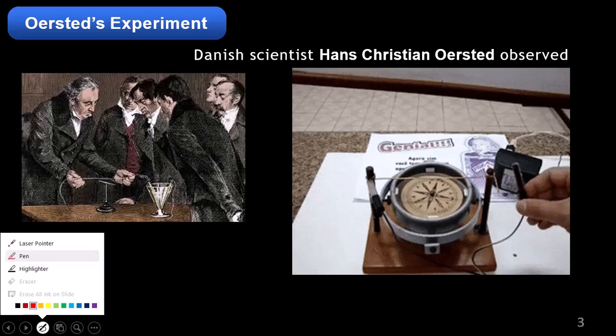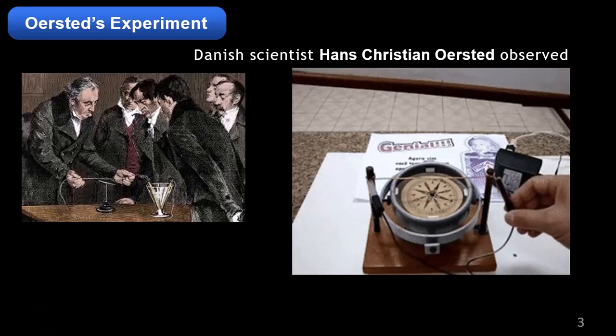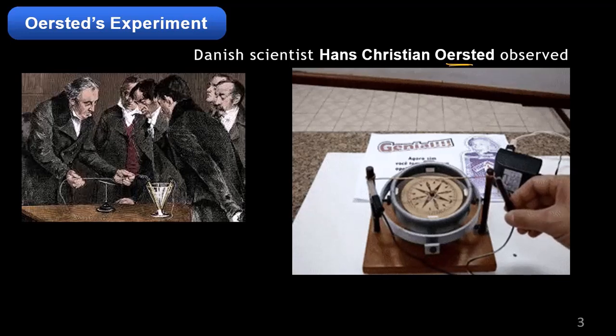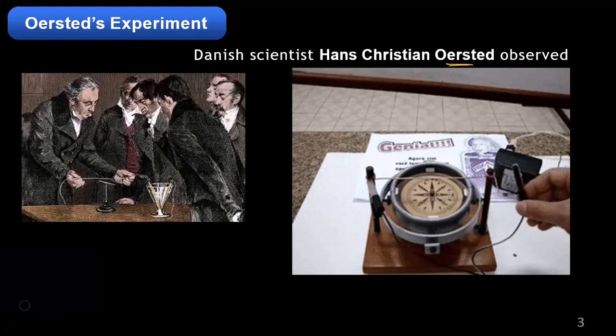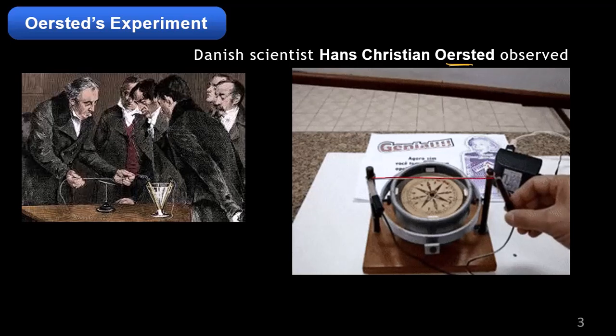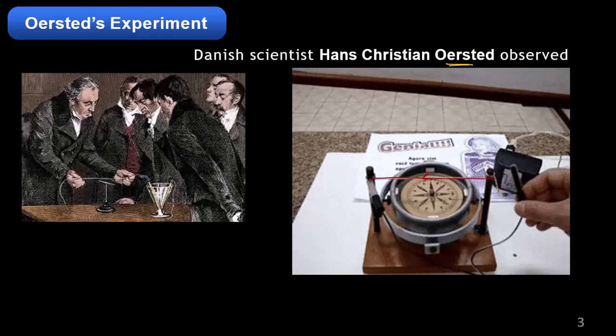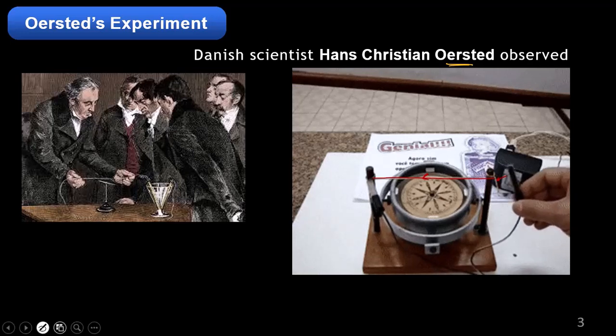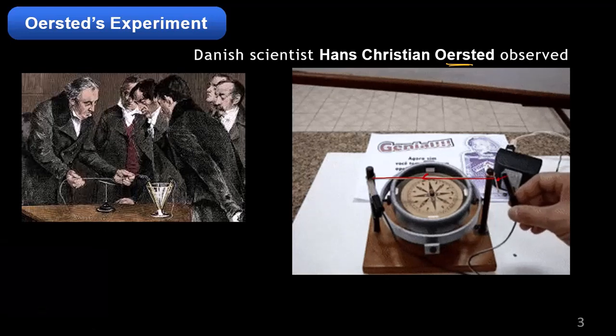Now for that there is an experiment that was performed by the scientist Oersted. He put a wire and allowed current through it by making the contact. Once the circuit is closed, current flows through the wire.